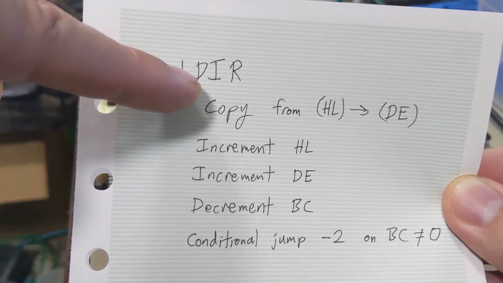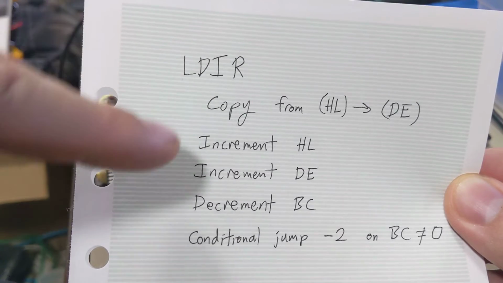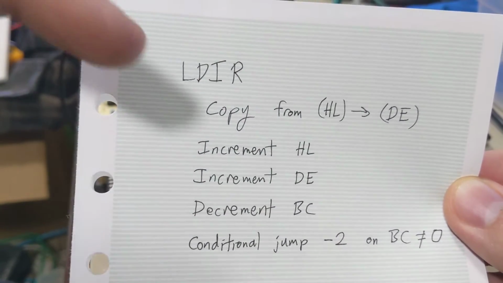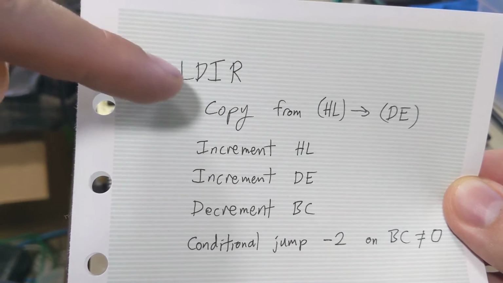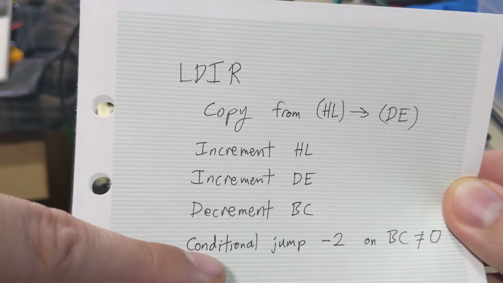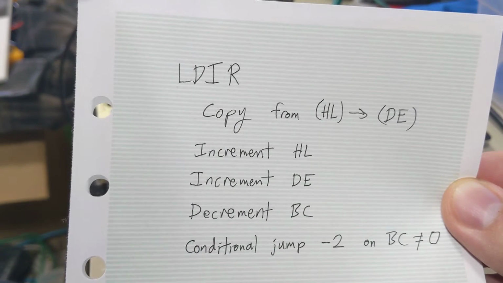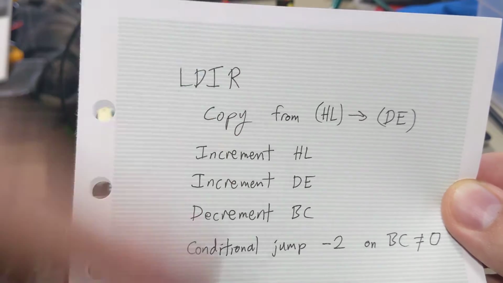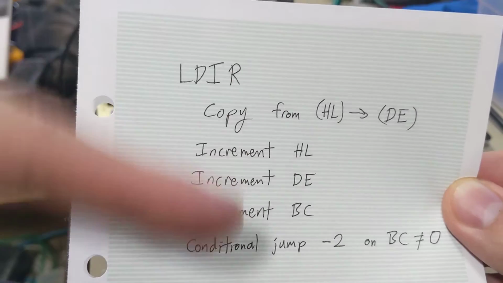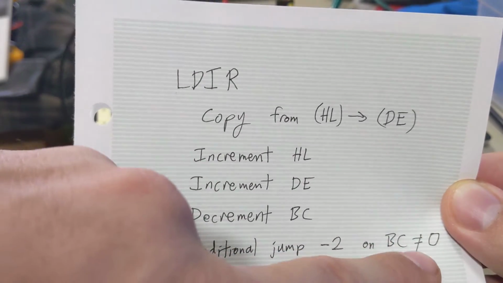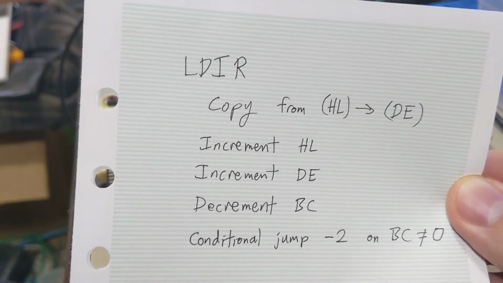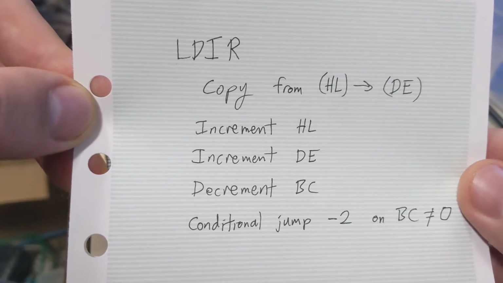So we then enter the LDIR again, with HL one byte later. Literally what this opcode does is copy one byte, check to see if it's done, and if it's not, tell your program to go back to the beginning of LDIR again and run it again. It just keeps repeating itself, this one opcode, over and over again, until finally BC reaches 0, at which point it's done with the copy. So that's the opcode that we're showing off here.